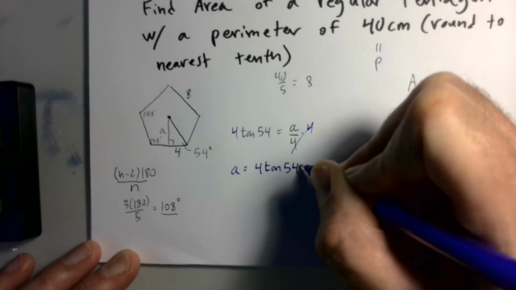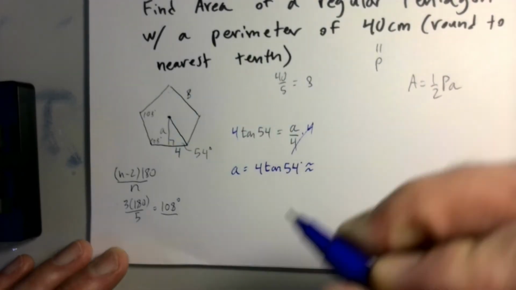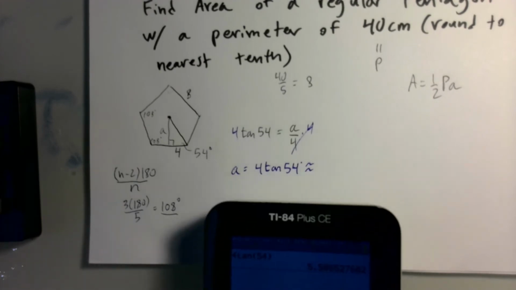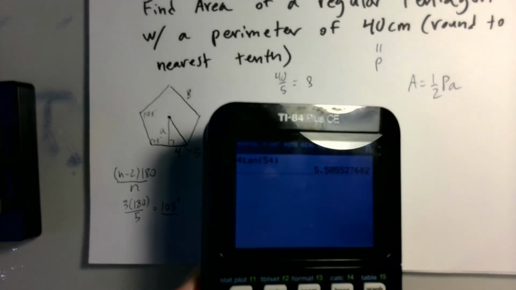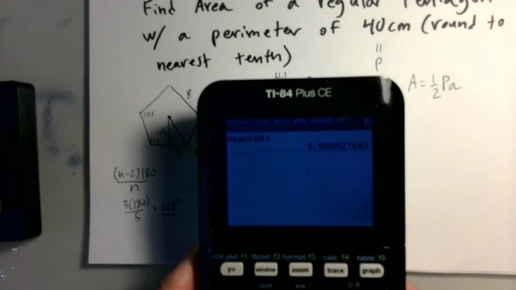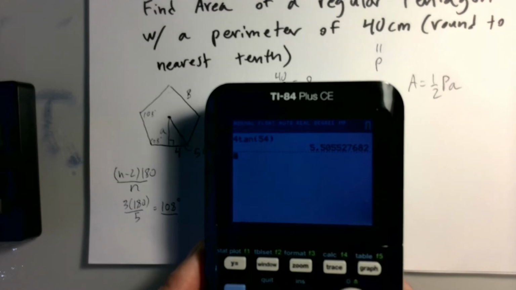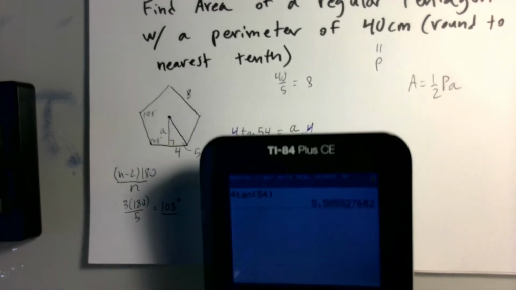Make sure you're in degree mode. I did that a little bit earlier. Hopefully you can see, kind of. That gave me about 5.5, 0.5527682. I'll just go with 5.5. So that's my apothem.